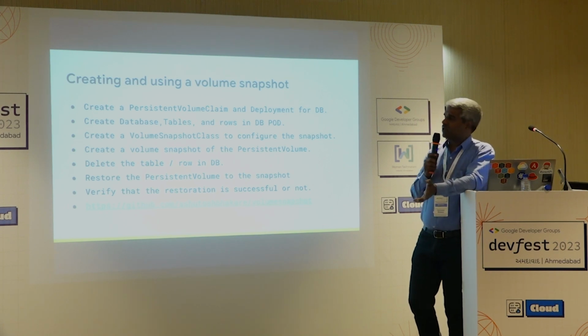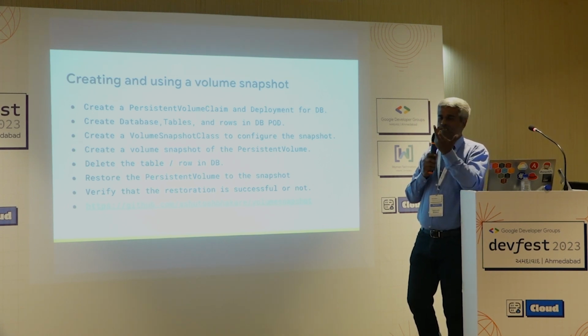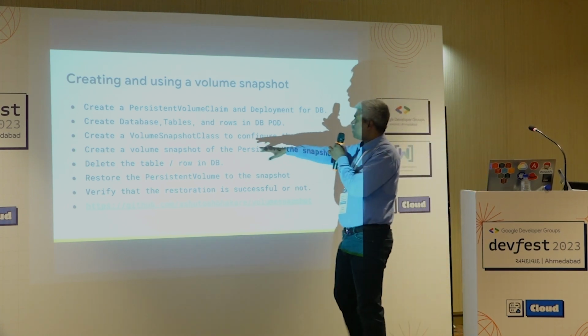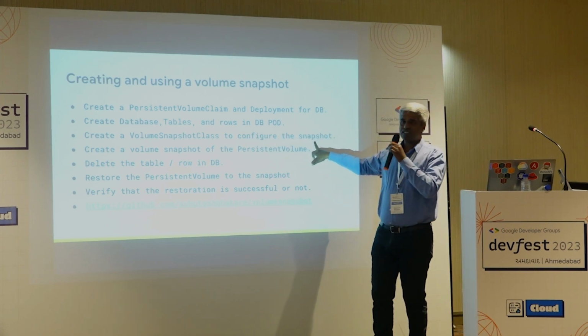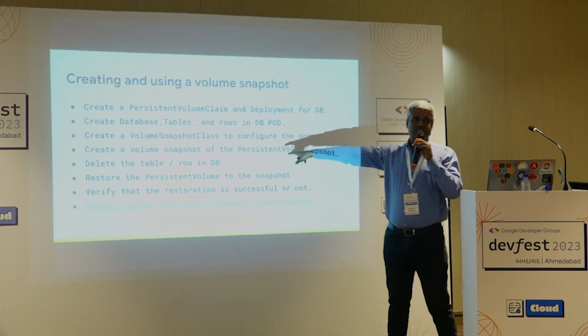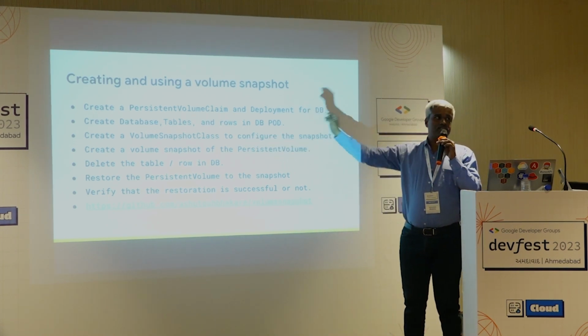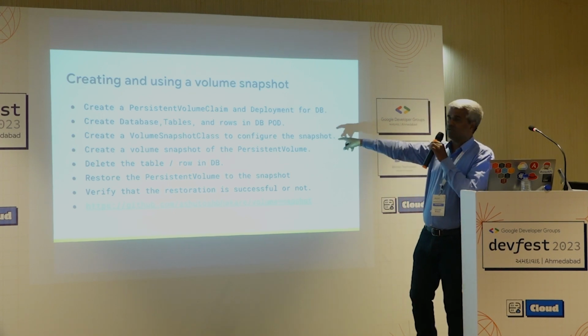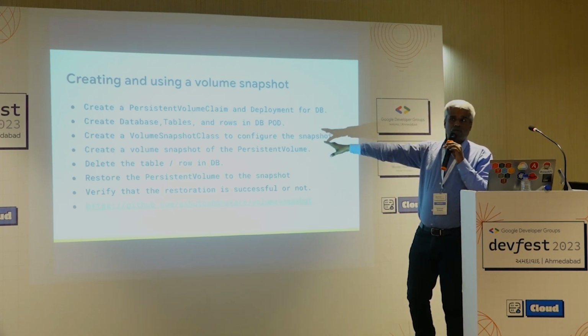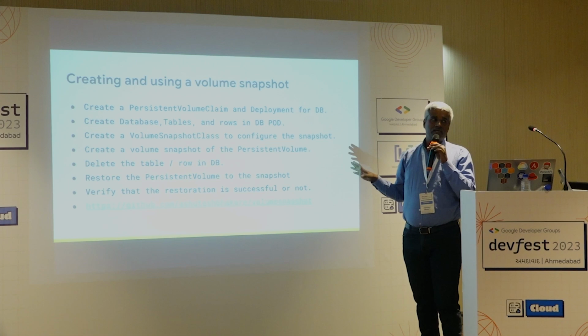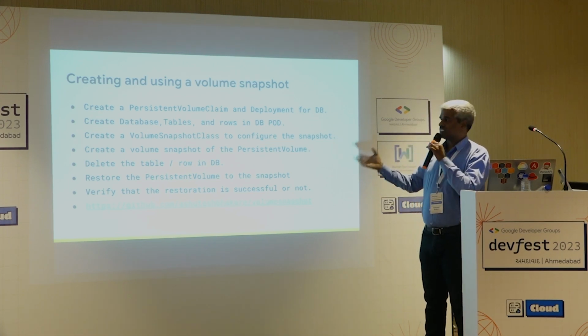Then create a table, database, whatever you want, just for testing purposes. Then create a volume snapshot class, then create a volume snapshot. Please note, there is no volume snapshot content mentioned here. Why? Because I am assuming that this is the dynamic way, not static.